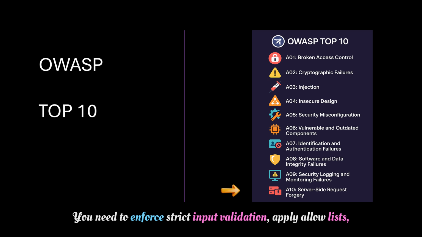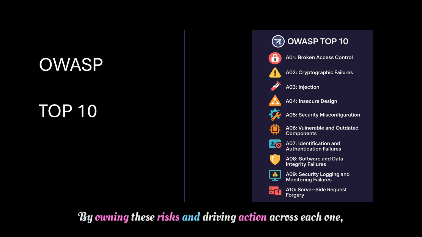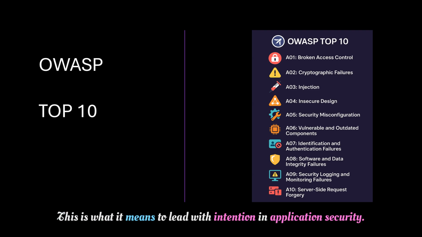You need to enforce strict input validation, apply allow lists, and use cloud-native protections to stop this from happening. By owning these risks and driving action across each one, you're not just preventing vulnerabilities, you're building applications that are secure by design. This is what it means to lead with intention in application security.